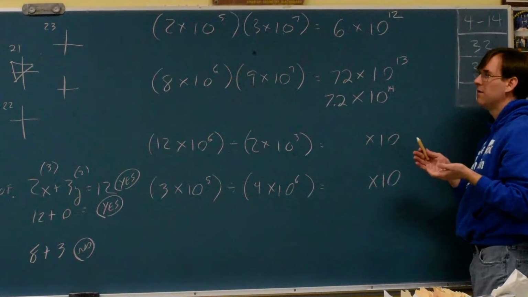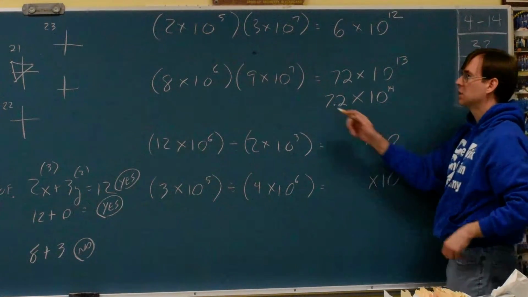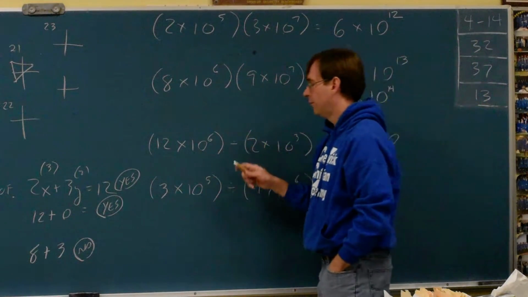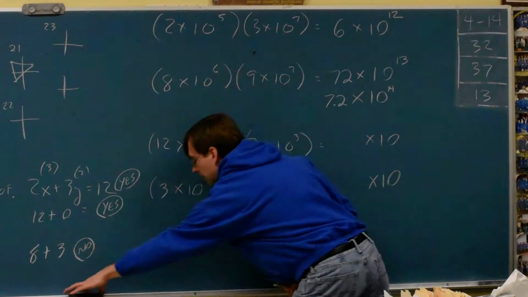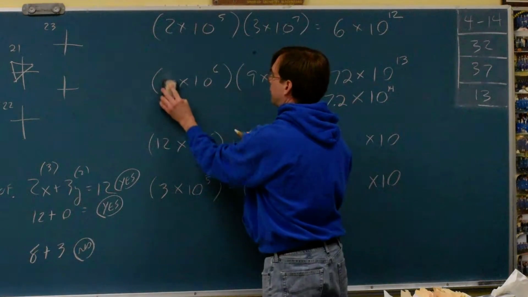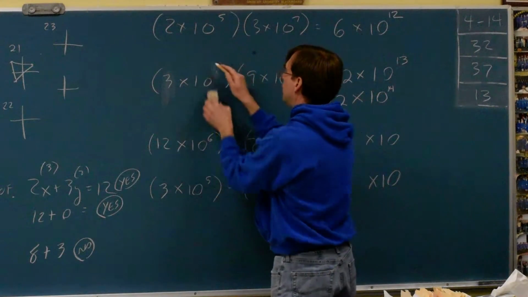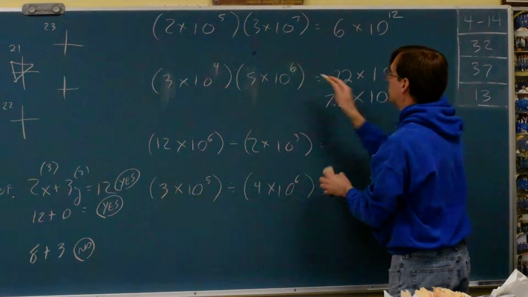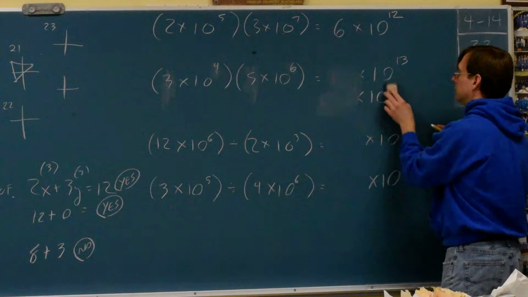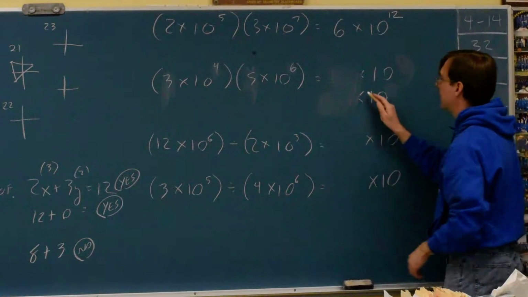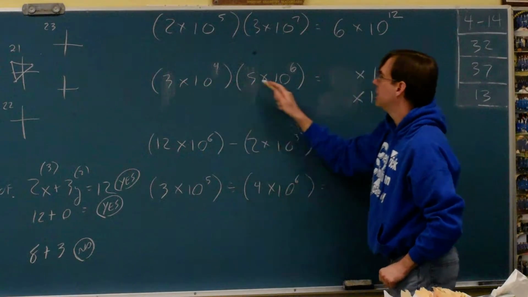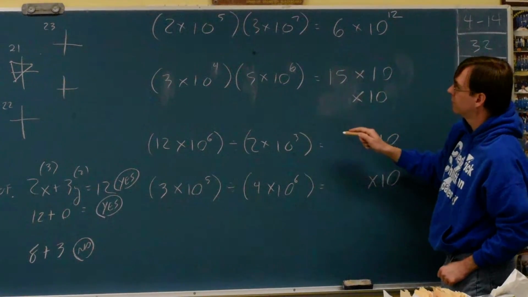About half, maybe even more than half the problems will do that because multiplying often takes you above 10. So let me do one more of those just to make sure we've got that. So if I say 3, 4, 5, 6, not going to erase the 10s because the 10s are unavoidable. But we go 3 times 5 is 15.